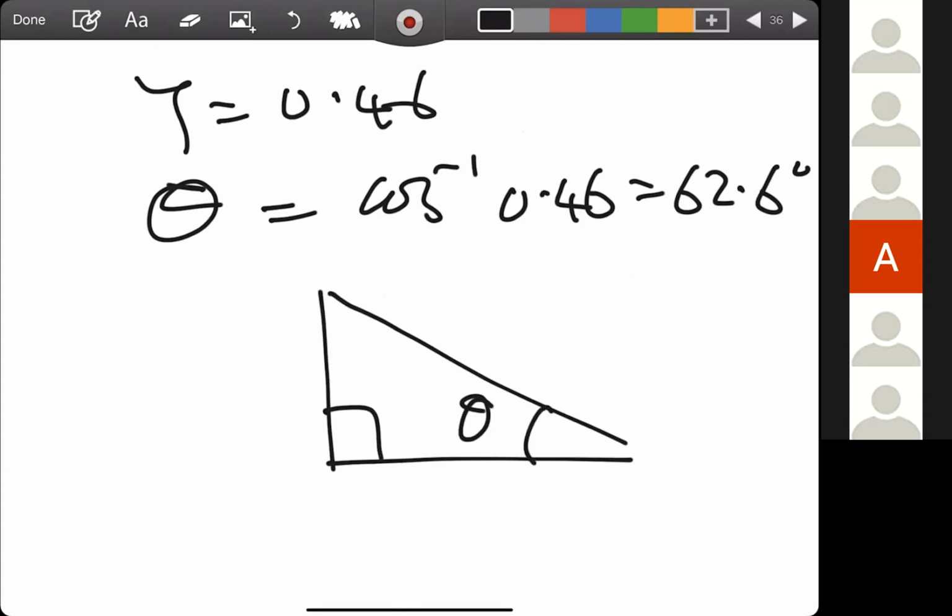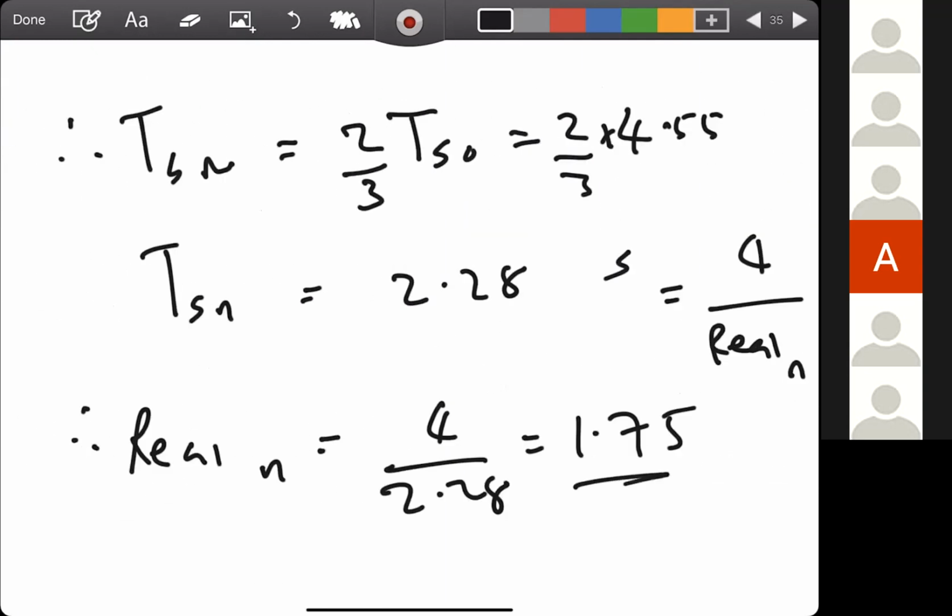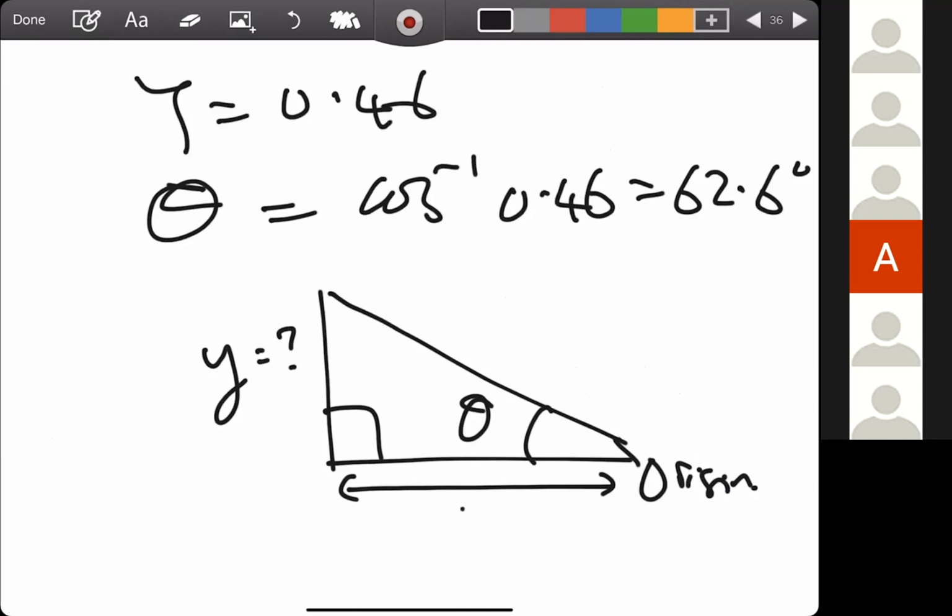And this real part is from here, 1.75. Okay.